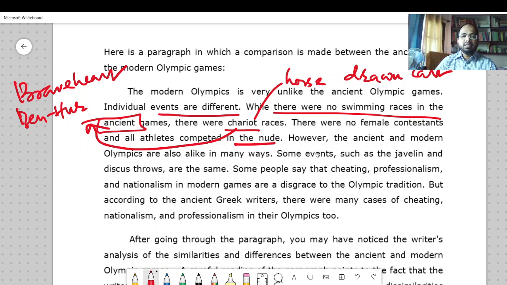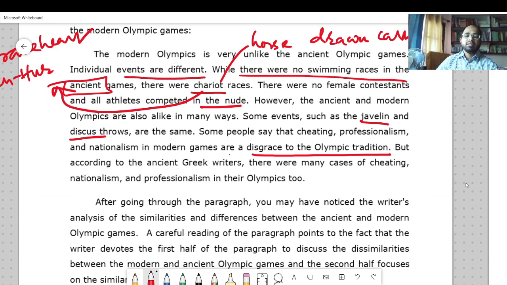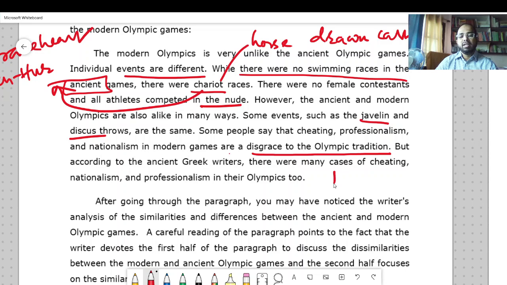However, the ancient and modern Olympics are alike in many ways. Some events such as the javelin and discus throws are the same. People say that cheating, professionalism, and nationalism in modern games are dangerous to the Olympic tradition. This is an important point nowadays. There are so many movies describing this. Dangal, a movie by Aamir Khan, highlights this kind of thing.